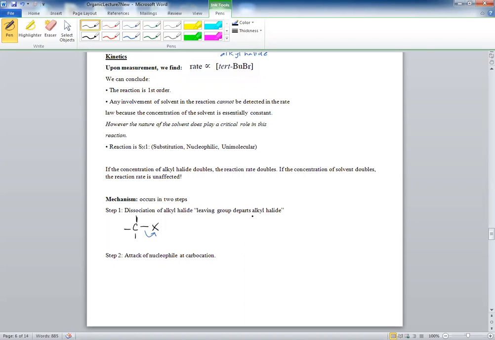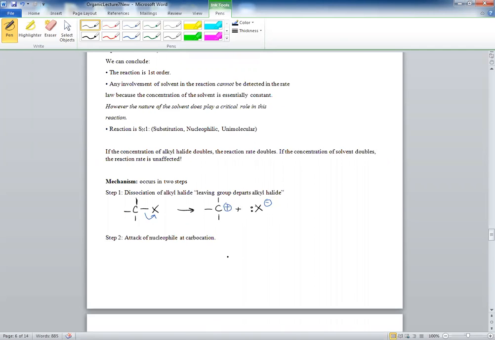So the leaving group departs the alkyl halide, and you would get this. You should be able to tell what charges are now on each. This would be a positive, and this would be a negative. So that's your first step in the mechanism. It's no longer a one-step mechanism.